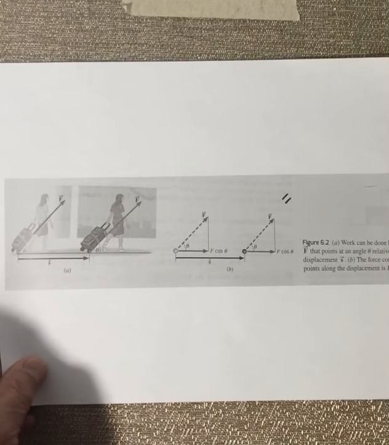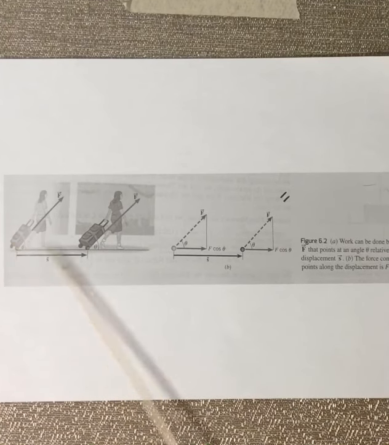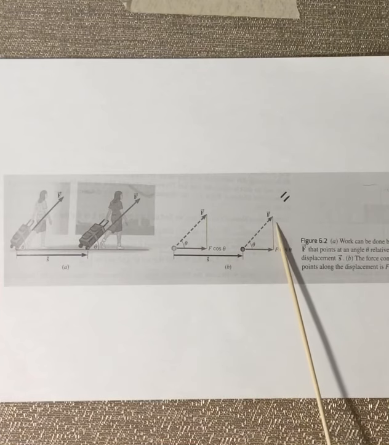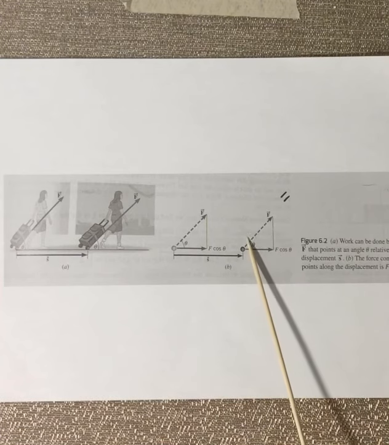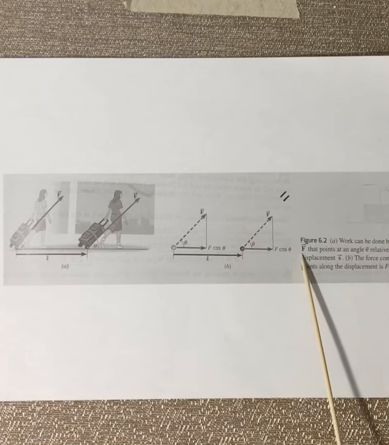Now look at this. You have somebody pulling the hand carry at an angle theta, the force acting diagonally. So the component will be F cosine theta.